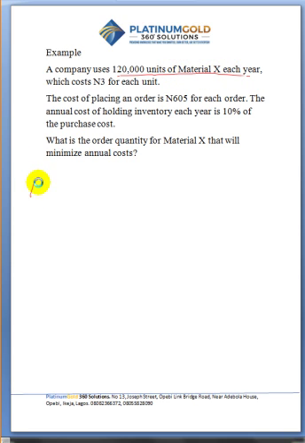That is the demand, D equals 120,000 units. The cost of placing an order, the ordering cost, CO, is 605.